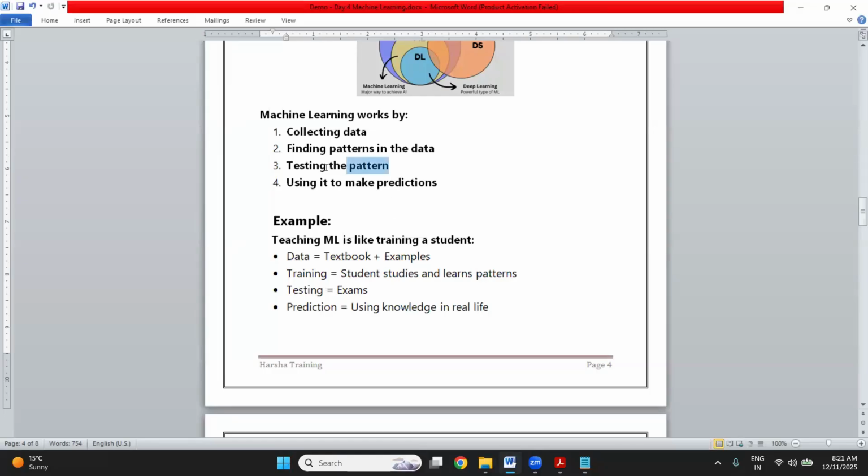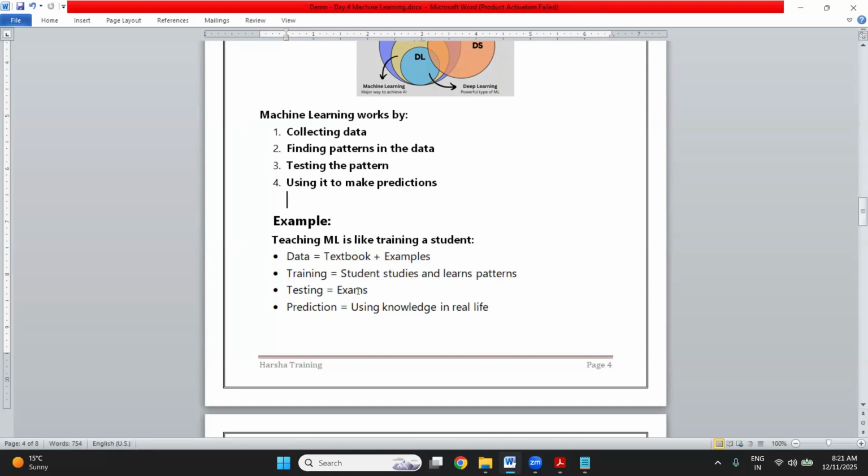Then testing the pattern. Once the student has learned everything, he has to test, right? He should perform some self-assessment on his own. That is nothing but testing. How does testing happen for a student? Obviously by writing an exam. Then finally, predictions.